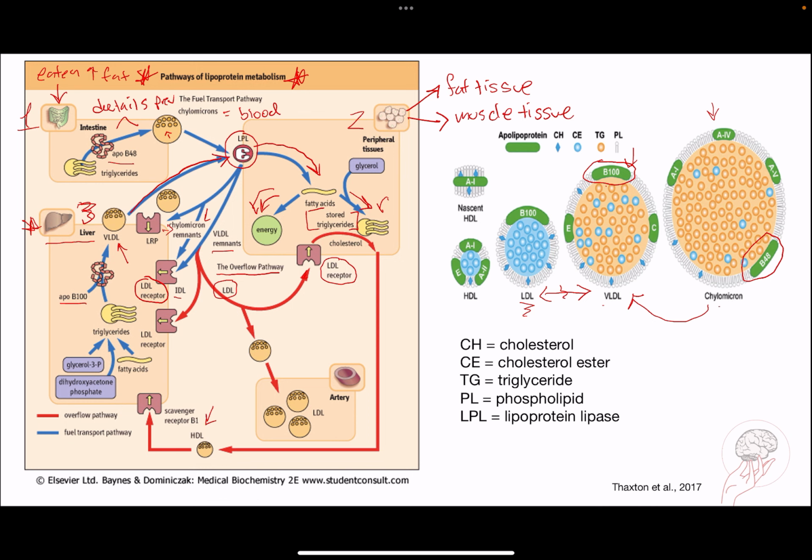But again, when we have way, way too many LDLs, they're going to start to build up in the arteries. When they build up in the arteries, we start to get plaques. And the body recognizes a plaque as a problem, and it will send an immune response.